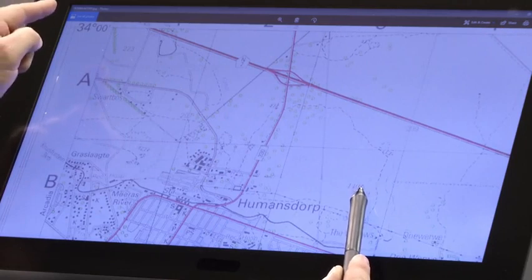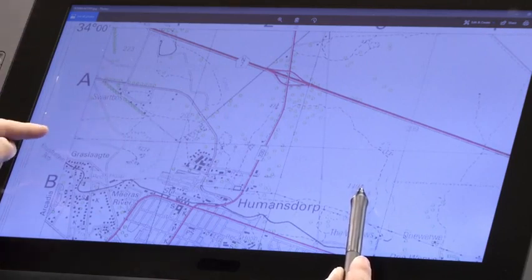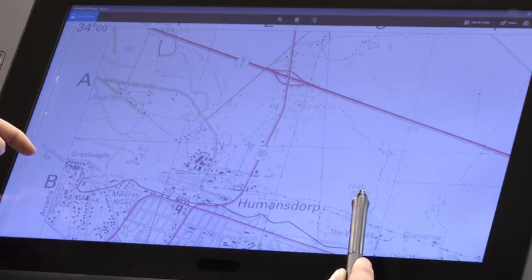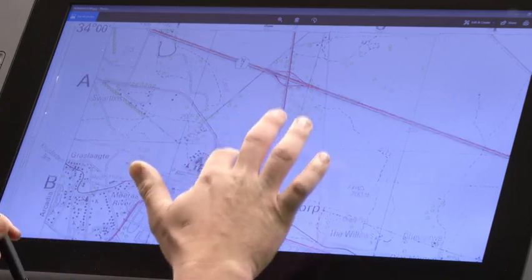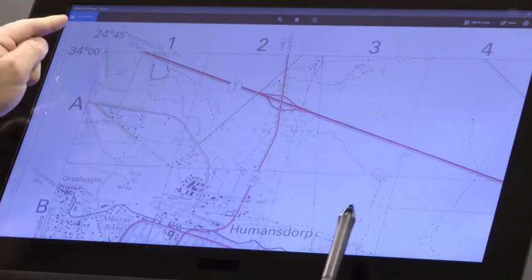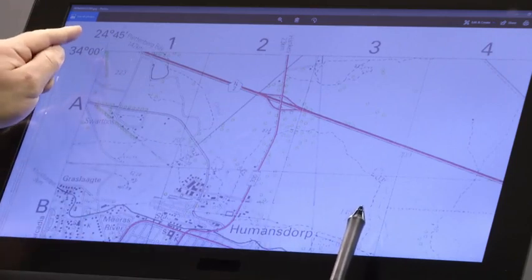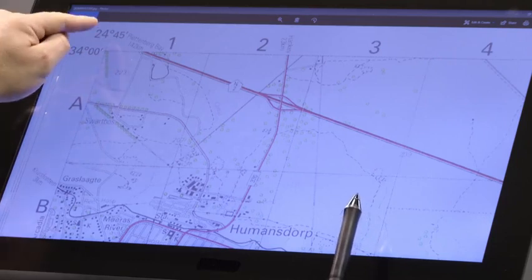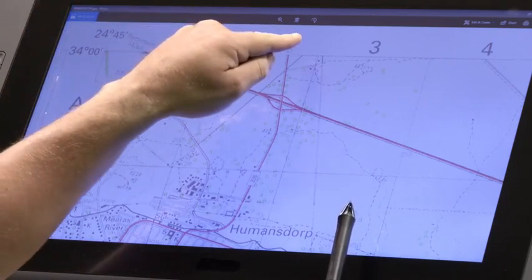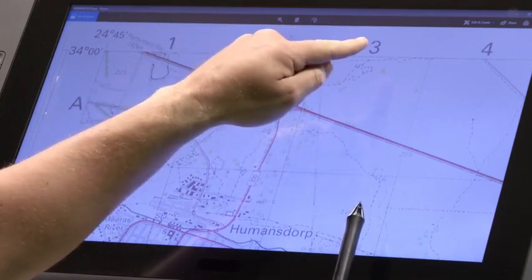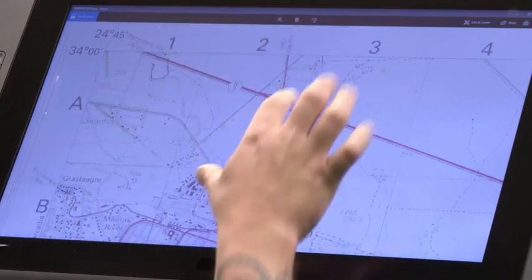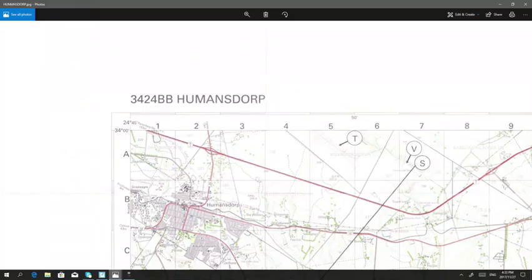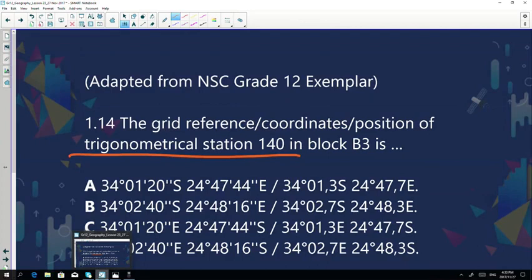It's going to be 34 degrees, 1 minute, 20 seconds south, and it's going to be 24 degrees, 47 minutes, 48 seconds east. So let's go and look at our correct answer. And the correct answer will be A.